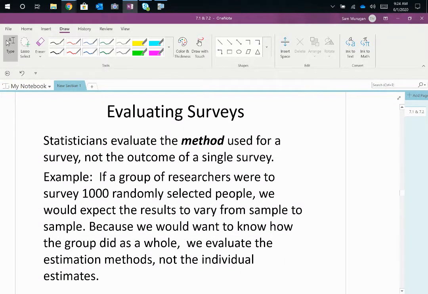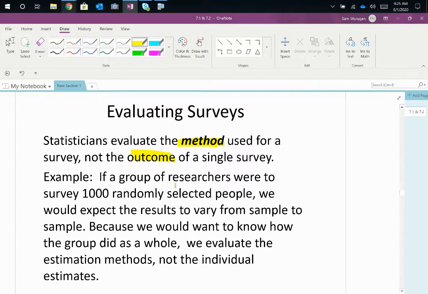Evaluating surveys. Statisticians evaluate the method used for the survey, not the outcome of a single survey.